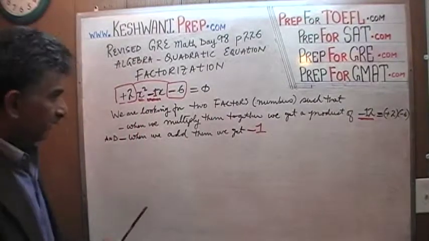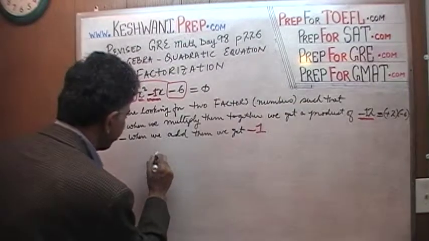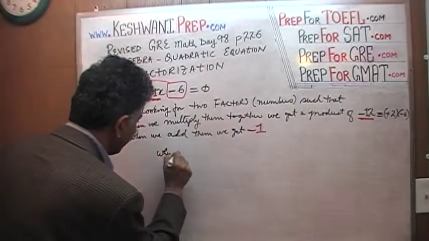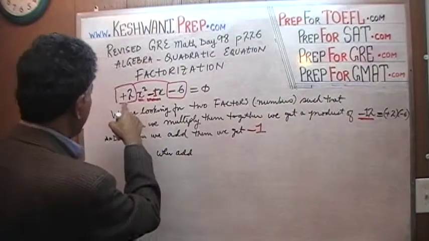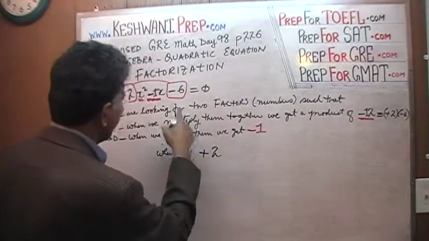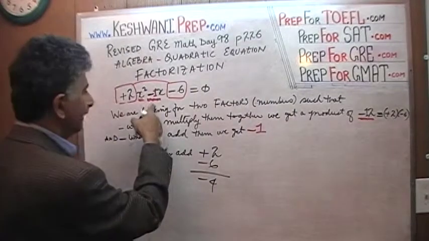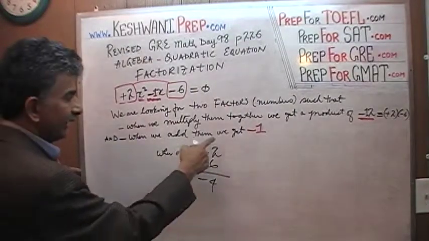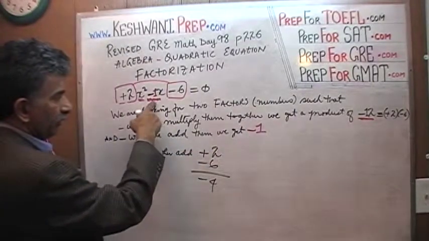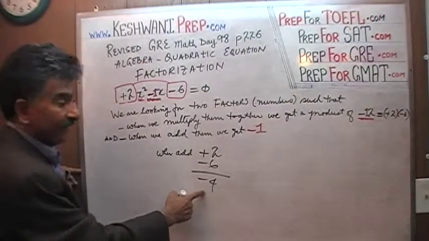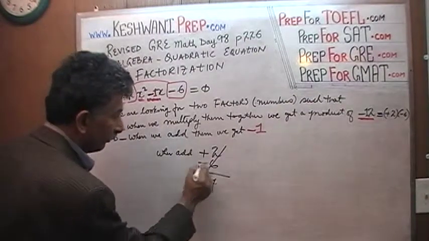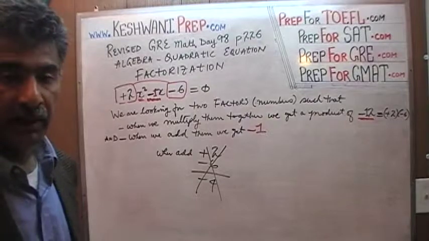But the problem is that when we add a positive 2 and a negative 6, we get a negative 4. We do not get negative 1. We need a negative 1, the coefficient of the middle one, when we add them. This gives us negative 4. This won't do the job.